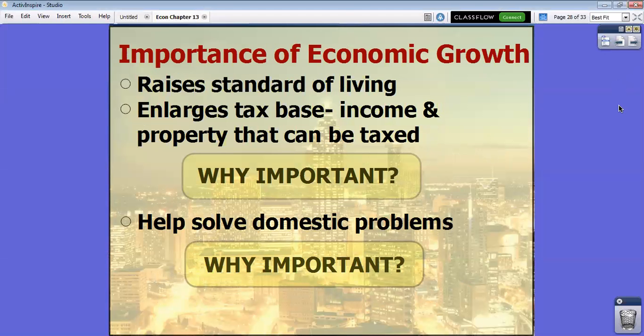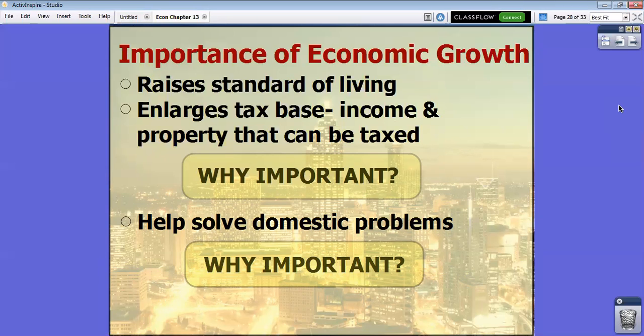Why is economic growth so important? We have a few things we need to look at. The first thing, economic growth raises the standard of living. The more jobs we can create, the more employment that we have, we have a larger number of people making money and that can afford to buy houses and the necessities of life. Another reason for growth, we need to enlarge our tax base.